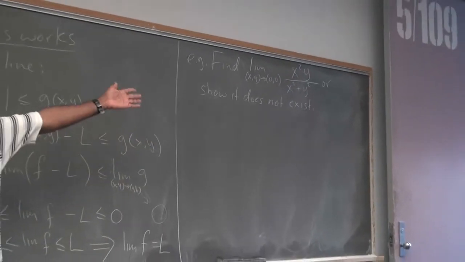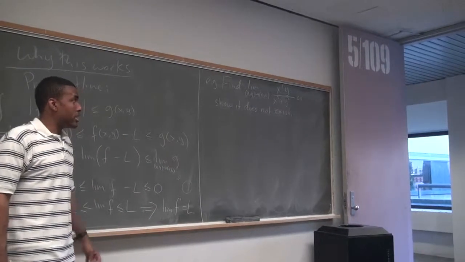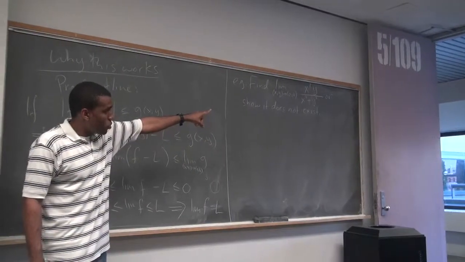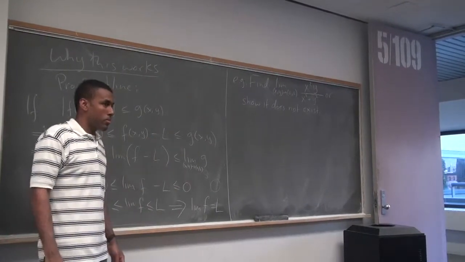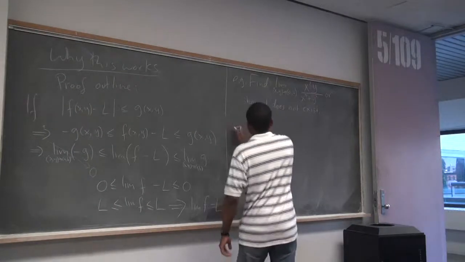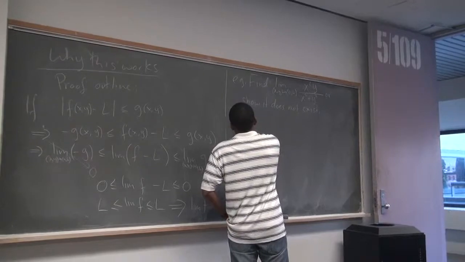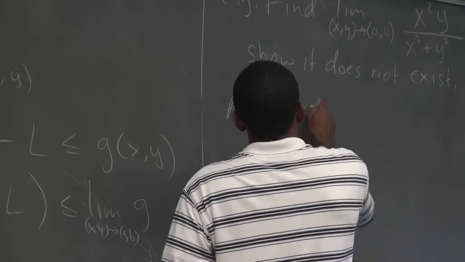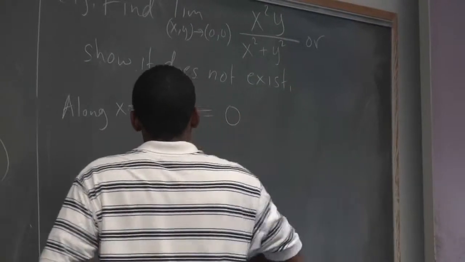For example, approaching along x equals 0 gives me 0, and then I realize that making x equals y would allow me to combine the denominators, right? So let's actually do that. Along x equals 0, the limit is 0.